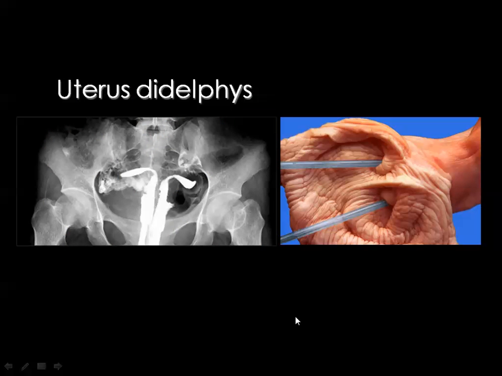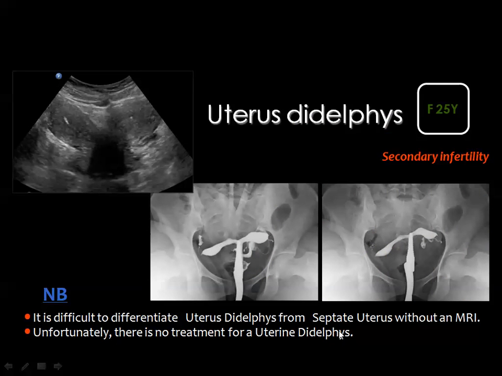And here, by hysterosalpingography, you may need to introduce two hysterosalpingography cannulas for evaluation. Then you put the cannula in one of the cervical canals and another cannula in the second cervical canal. Then you get the opacification of the uterine cornua. And this is uterus didelphys.